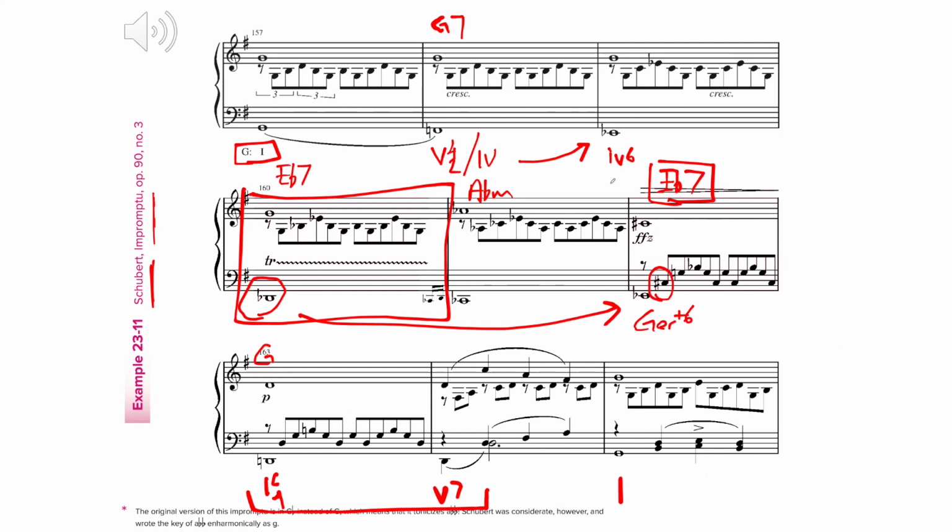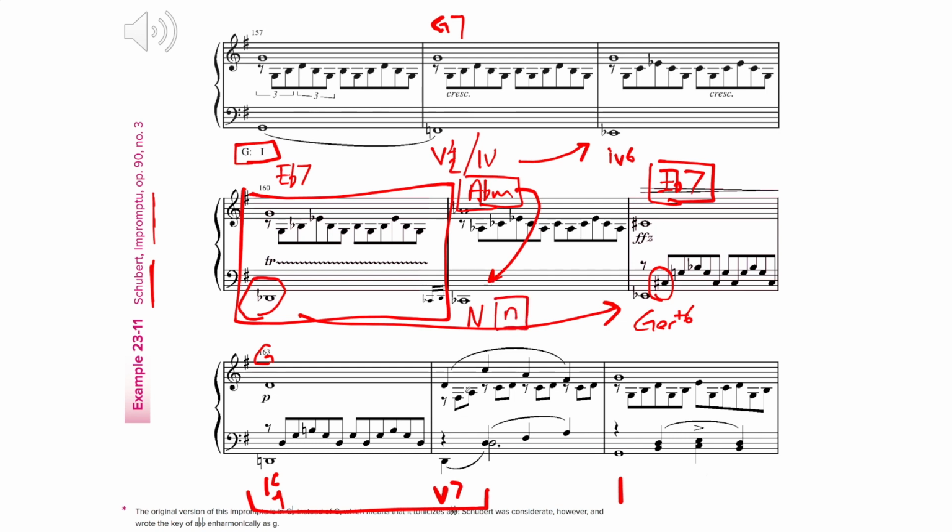And let's go another step back and analyze this one, A flat minor. If it had been A flat major, it would have been our Neapolitan chord, and it doesn't change. It is now a minor Neapolitan.